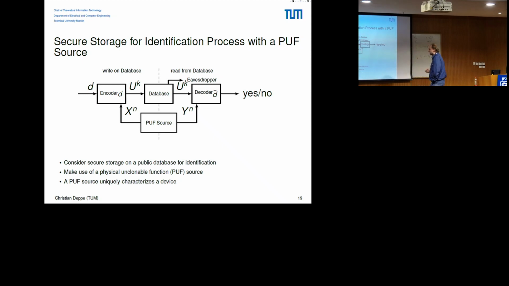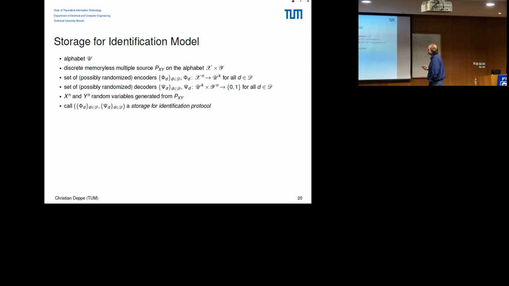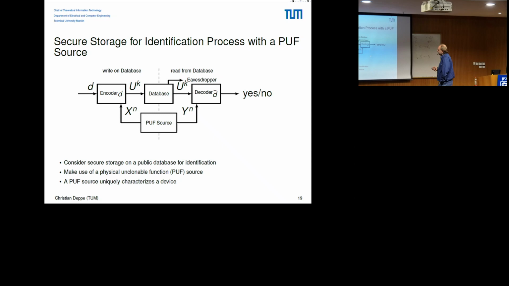So we make use here of physical unclonable functions. We have the alphabet U, and this discrete memoryless multiple source, X and Y. Perhaps I have to say this model was considered for the normal case where the encoder writes on the database and the decoder wants to find out what he has written on the database.